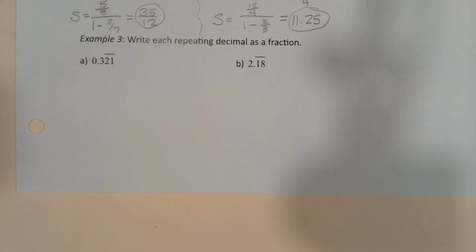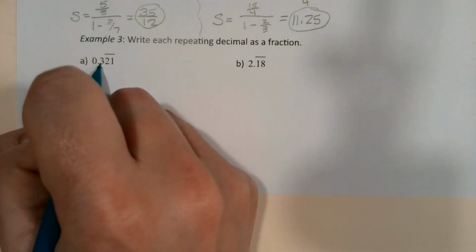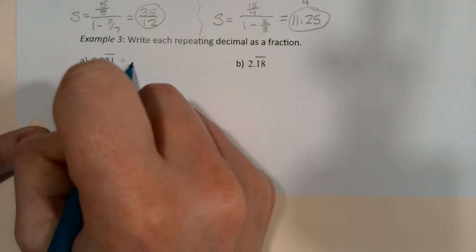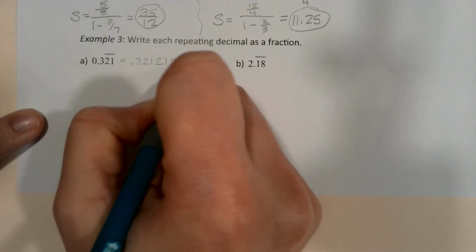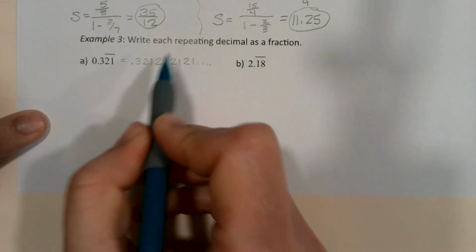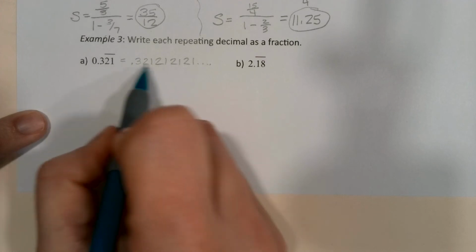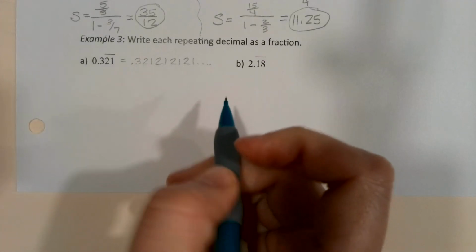We're going to do the infinite series method, and I will show you the old method that we do, which is a little more straightforward, but it's an application of that series. So you need to recognize that this is the same as 0.321212121, and so on.